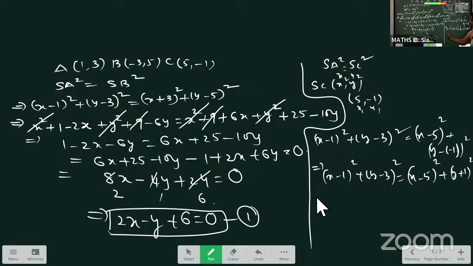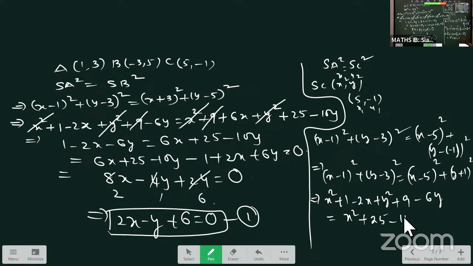Now expand it. This is a square plus b square, that is x square minus 2x plus 1, plus y square plus 3 square, that is 9, minus 2ab, that is 6y, is equal to again x square plus y square plus 25 minus 10x plus y square plus 1 square, that is 1 plus 2y.